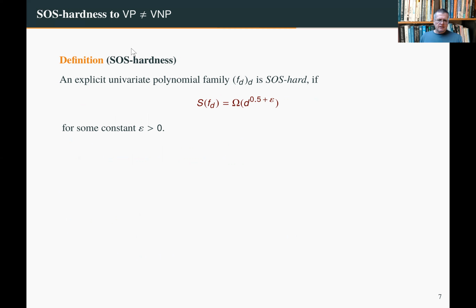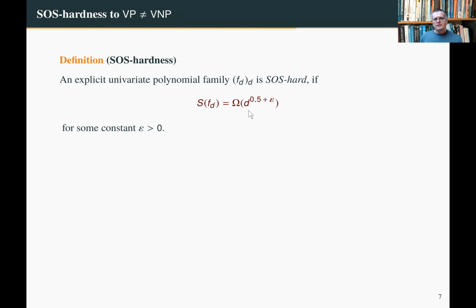Now we define a notion of sum of squares hardness. I defined explicit before because we restrict this to explicit families of polynomials. We say such a function is SOS hard if the support sum size is larger than square root of d plus epsilon in the exponent.